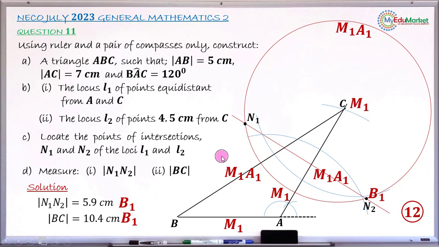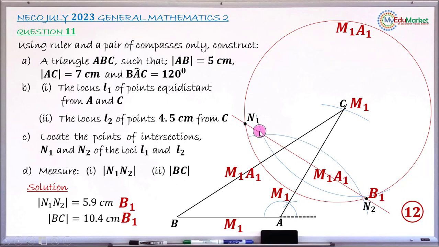The next mark is another method 1 mark and A1 mark for completing this very triangle, that is drawing this line BC. That gives you this M1, A1. So the next mark is for constructing the locus L1, that is drawing these two arcs and crossing at this very position.